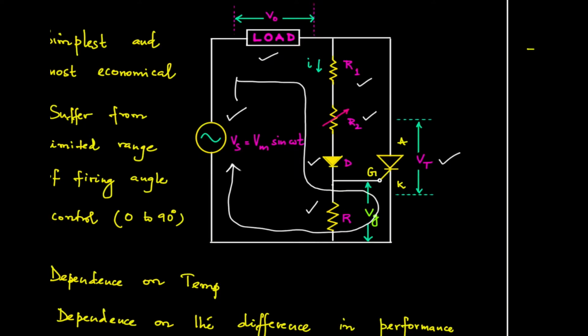This is the path of gate current. Now, this gate current should not exceed the maximum permissible gate current of the SCR. It will have a maximum permissible value which is specified by the manufacturer. Now, it shouldn't go beyond that. So that is one condition that we have to make sure that it doesn't happen.